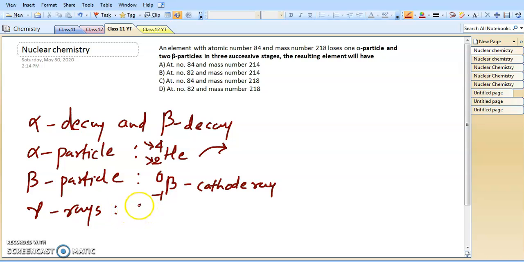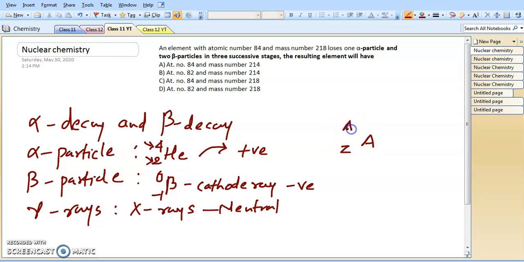These gamma rays are somewhat like X-rays, which are neutral in nature. So this one is positive, this one is negative, and this one is neutral in nature.